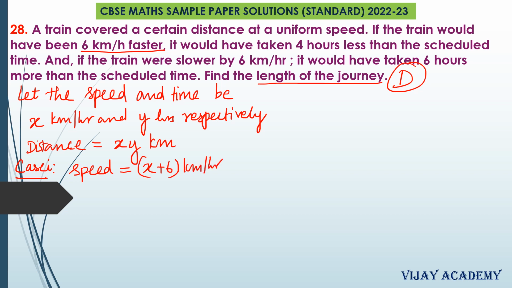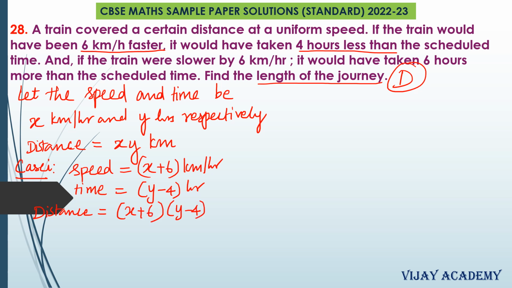In case 1 the time changes to 4 hours less. So time will be y minus 4 hours. Now according to the speed and time in case 1, the distance will be the product of x plus 6 and y minus 4 kilometers.